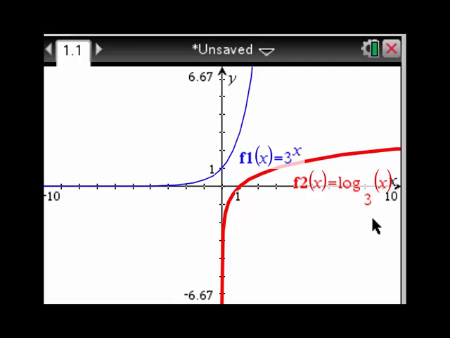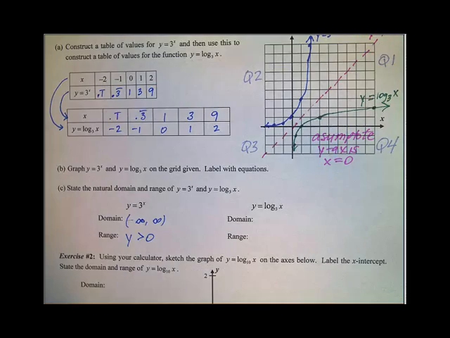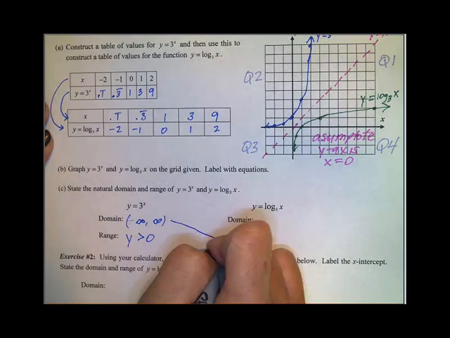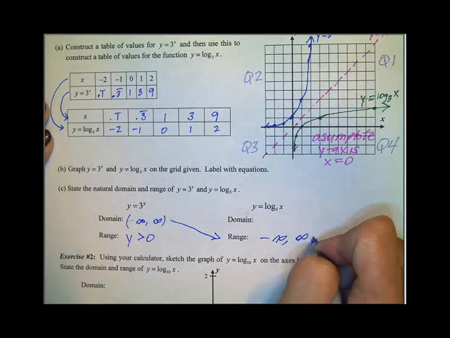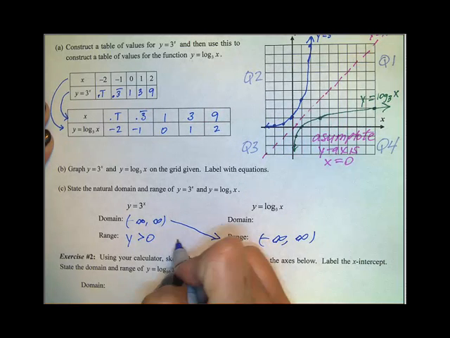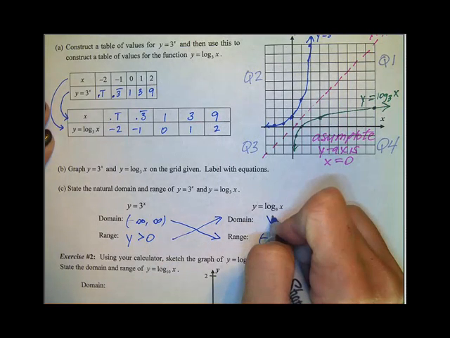It's above the x-axis. So now my log graph, those become the inverses of each other. X becomes y and y becomes x. So now my domain becomes my range. So my range is negative infinity to infinity. And my domain becomes not y is greater than 0, but x is greater than 0.